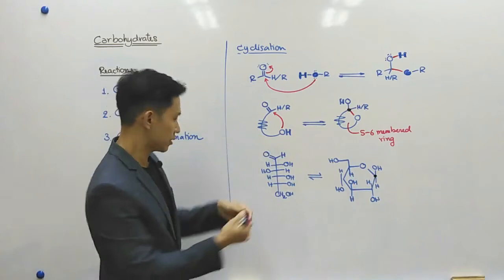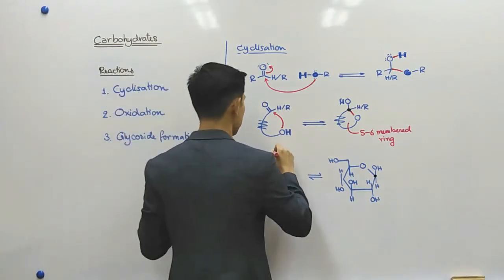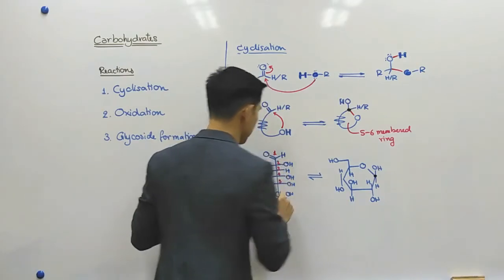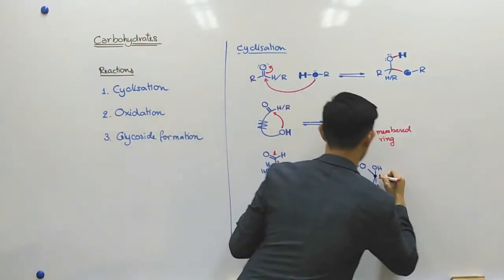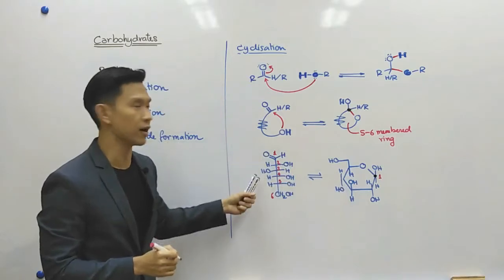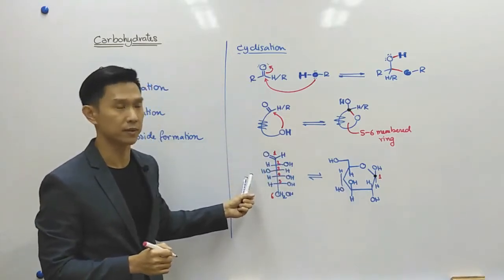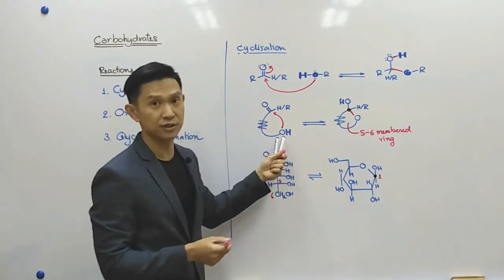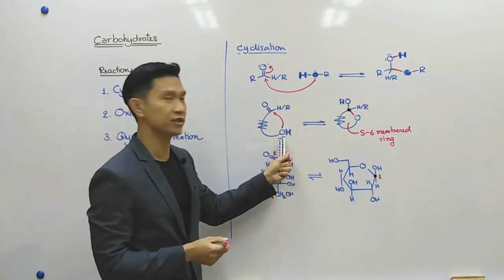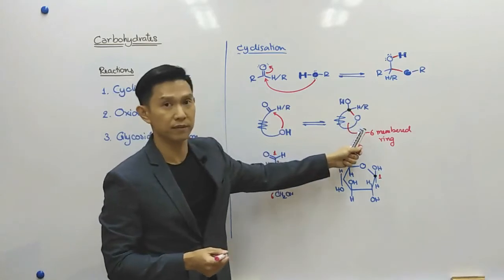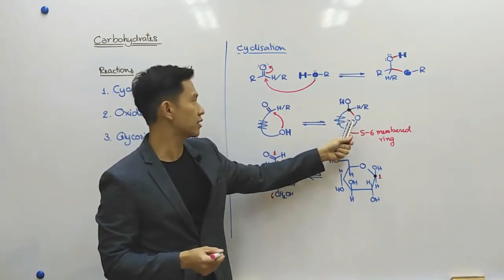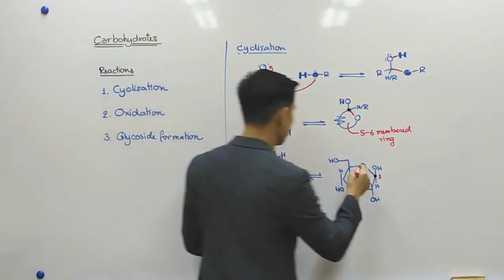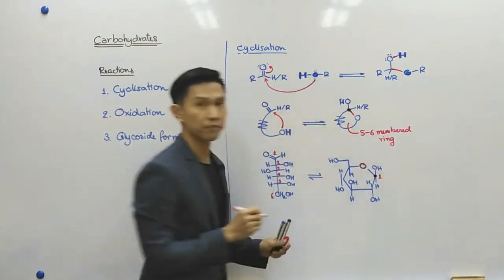If this carbon is labeled number 1, 2, 3, 4, 5, and 6, this is carbon number 1, which previously appeared as the carbonyl group. The carbonyl group was condensed with an oxygen, so this oxygen in the ring is the oxygen that is used to condense with the carbonyl.